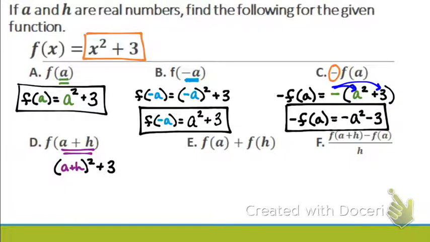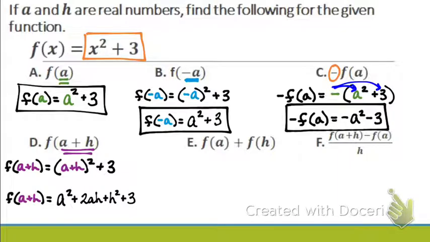What do I get when I square that binomial? A squared plus 2ah plus h squared, and then throw that plus 3 on the end that comes down. Can I simplify more than that? No. Nope. We are done.